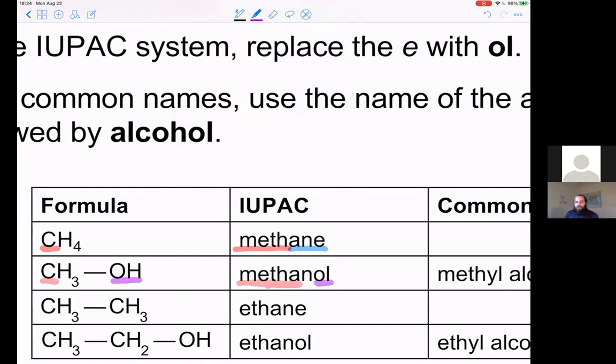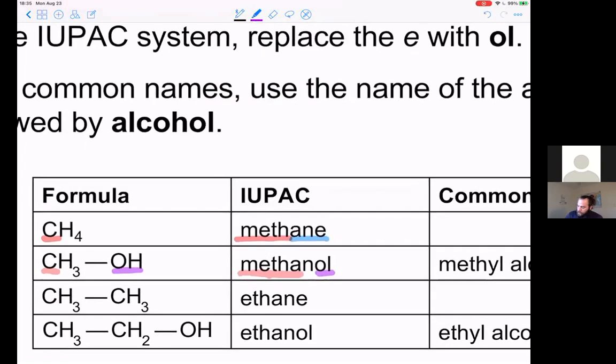Typically, if the suffix that you're adding starts with a vowel, then you'll drop the e from the end of the name. If it starts with a consonant, you'll keep the e. We'll see both examples of that when we talk about thiols, which keep the e. But for now, just note that for methanol, you replace the e on the end with ol.